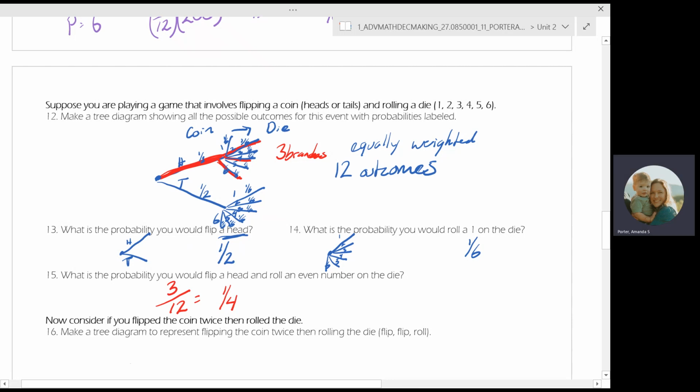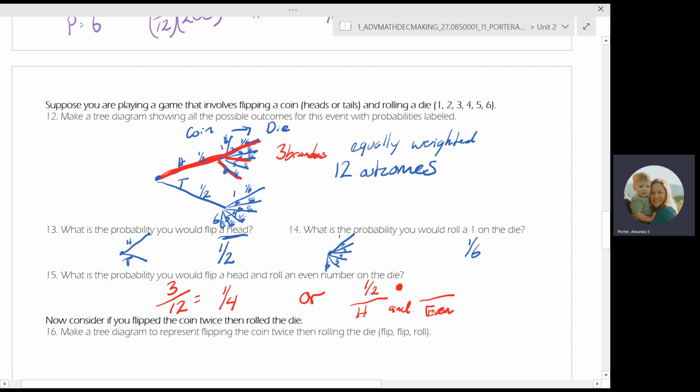The other way to do this is to take each of these and multiply the probability. Flipping a head is 1/2, and means you are multiplying, and an even.